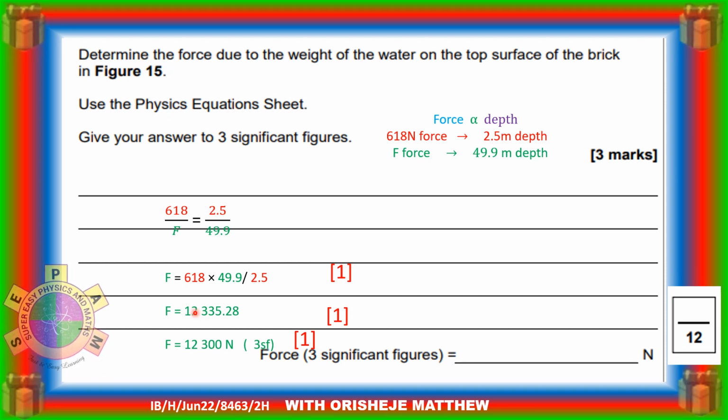So we have this digit here, which is 3. 3 is less than 5, so we round it down to 0. 335 is closer to 300 than 400, so we round it down to 300. So the force acting at that depth is going to be 12,300 Newton, expressed in 3 significant figures. So with that, we have the 3 marks that are awarded to the question.